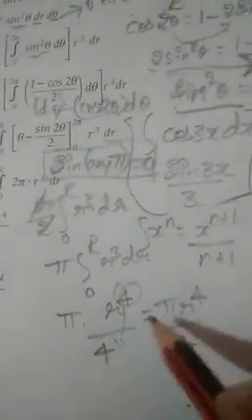So finally, the moment of inertia with respect to the reference axis xx will be pi r to the power of 4 by 4. This is for I with reference to the x-axis. With respect to the y-axis it will be very similar, pi r to the power of 4 by 4 only.